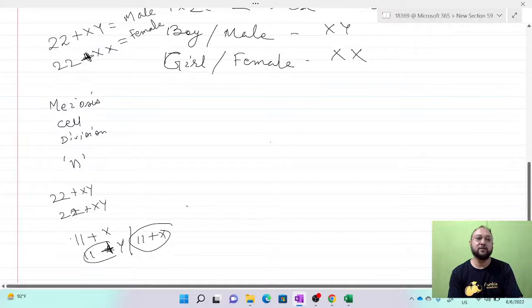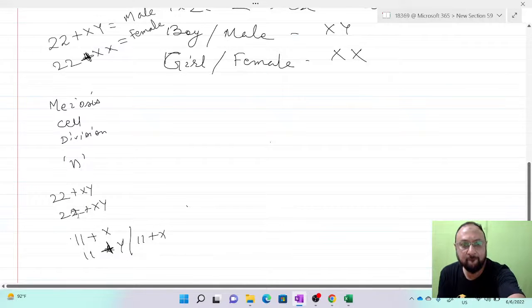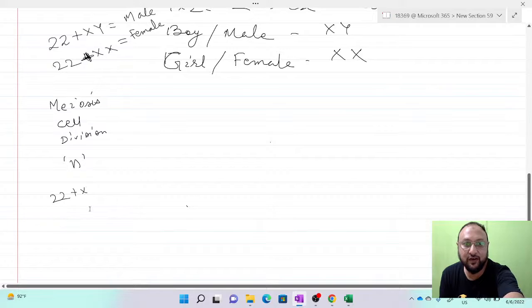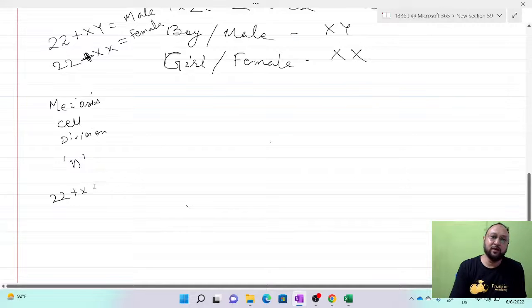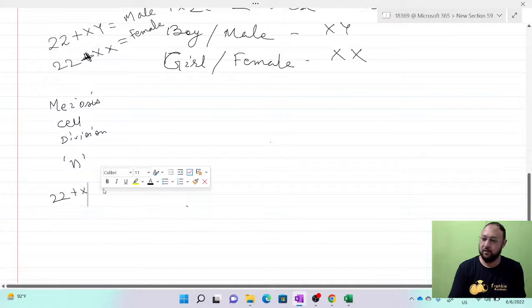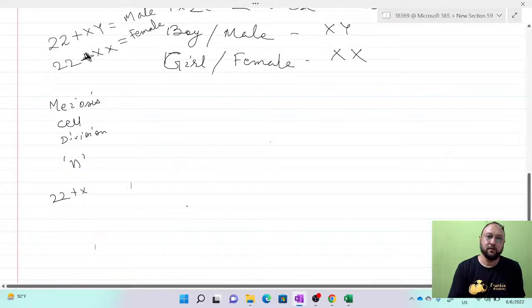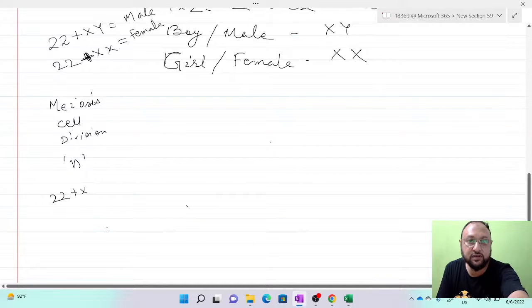Sorry, I have made a mistake. 46 are there, so 22 is the single set, not 11. 22 is the single set, or we can say n number of chromosomes. So 22 plus X will be the control set.